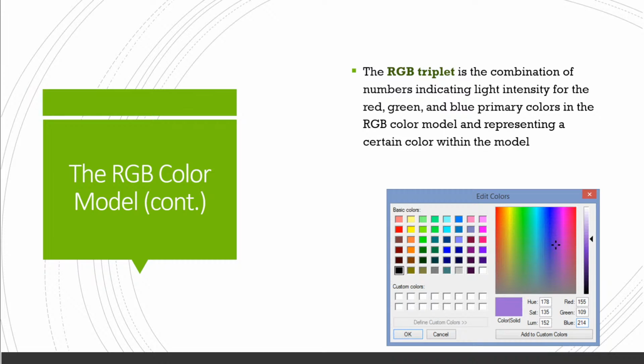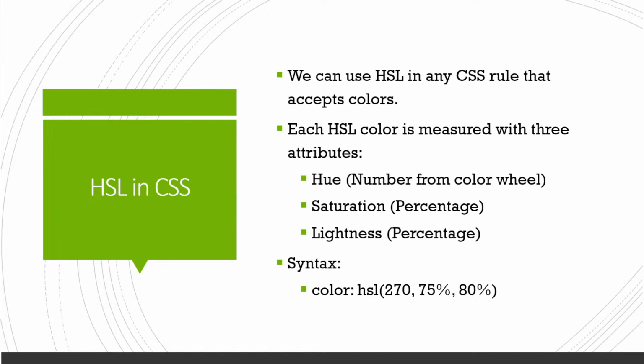I want to talk about HSL here, because when we get to my demo, I'm going to use HSL. Because HSL is really a more modern way that we use color in CSS, because it helps us work with our color theory a little bit easier, right?